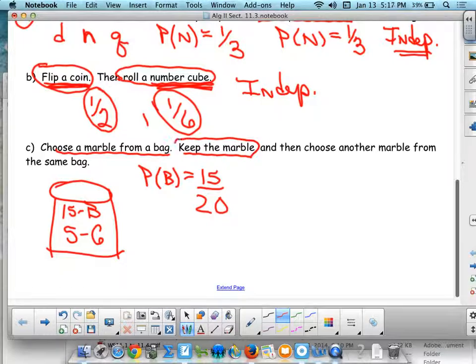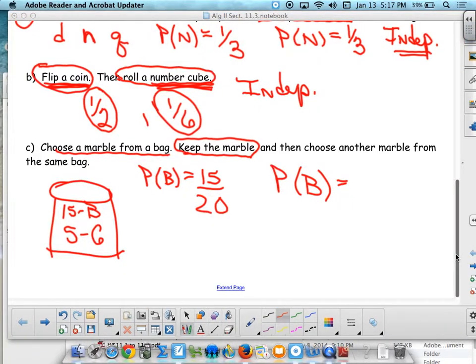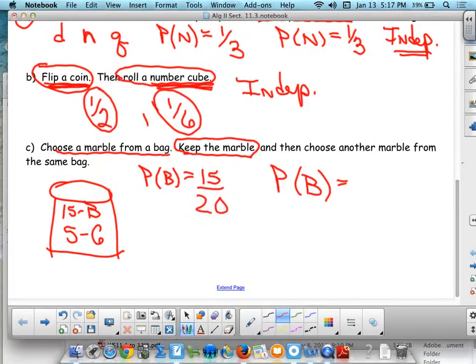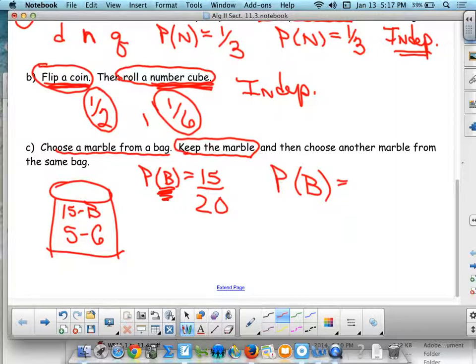Keep the marble. Then choose another marble from the same bag. Let's do it again. Let's pick a blue. By me picking a blue and not putting it back in the bag, does that affect the probability of picking a blue again? And the answer is yes, because this turns into now 14 blues.